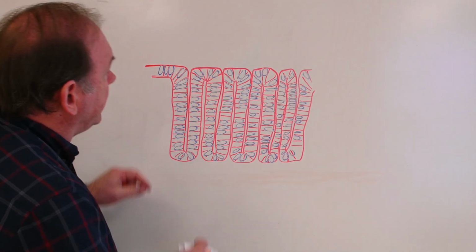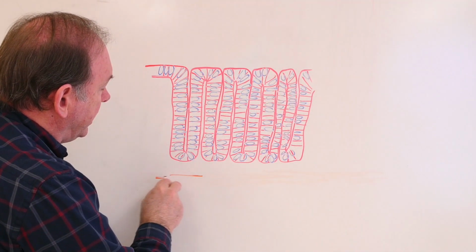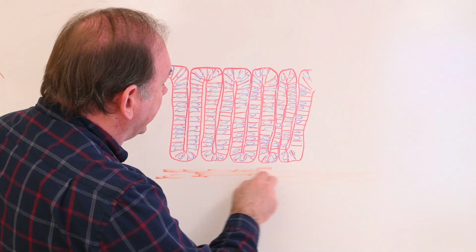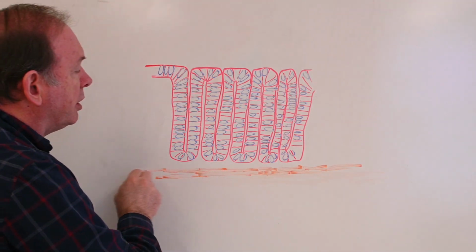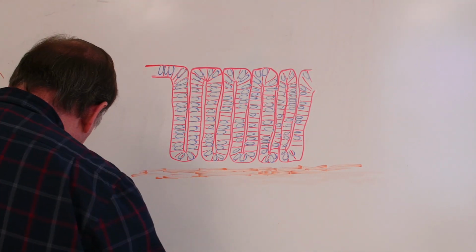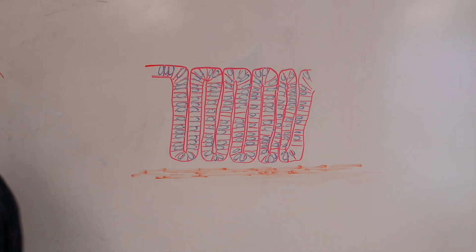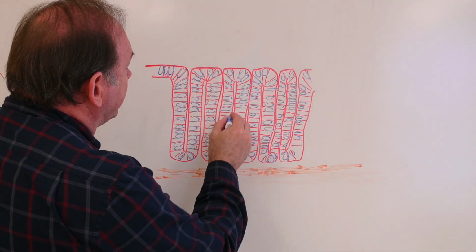The mucosal lining consists of these glands across here. There's a layer of smooth muscle just near the base of those glands. Here, this is the muscularis mucosa, the third part of the mucosa. And you recall that between the muscularis mucosa and the epithelium is where you would find the loose connective tissue components.